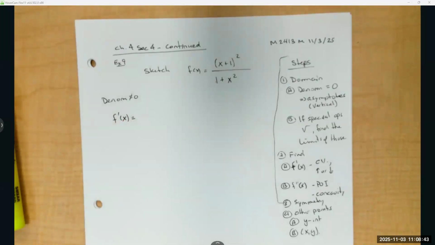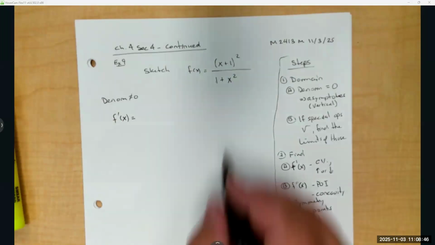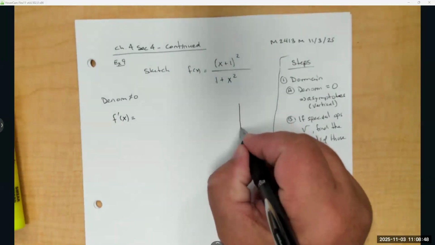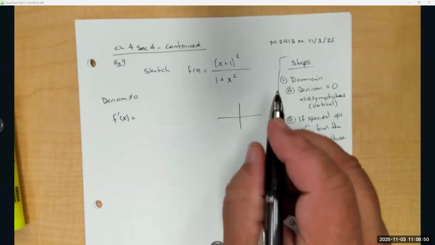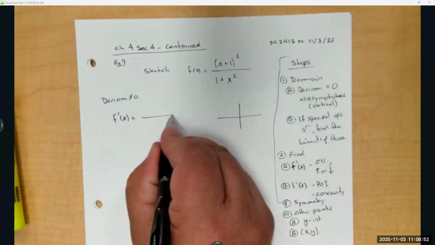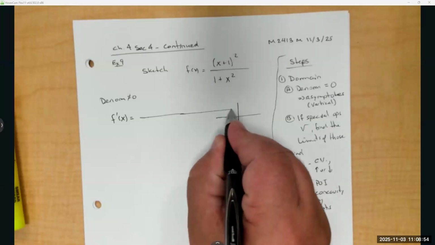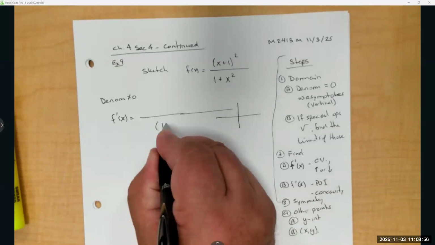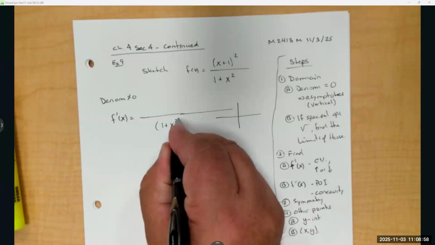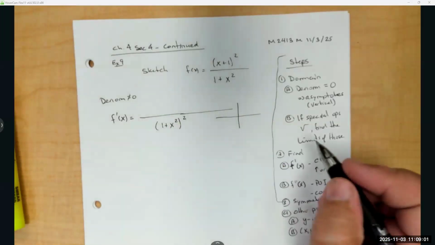Find the critical values. Because this is a rational expression, we know that we're going to have the denominator squared.